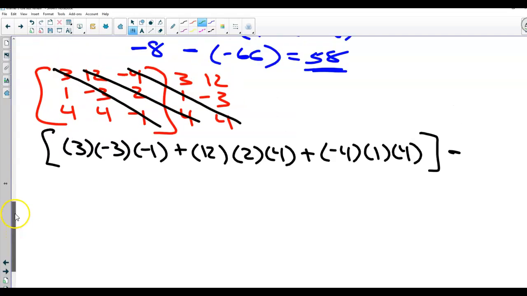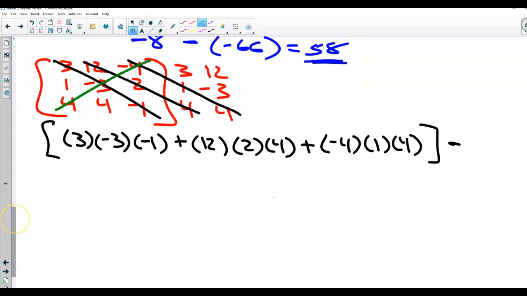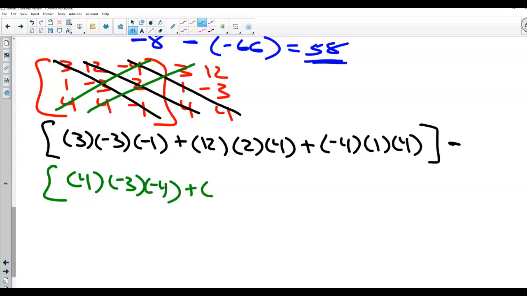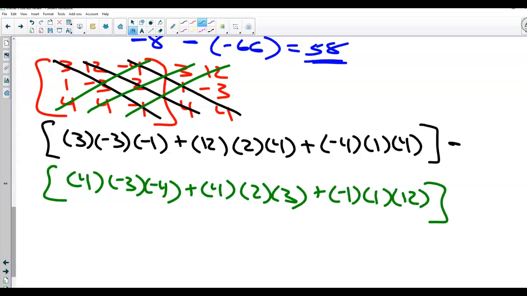Same process. Now we're going up. 4, negative 3, negative 4. 4 times 2 times 3. Negative 1 times 1 times 12. 9. 96. Minus 16.